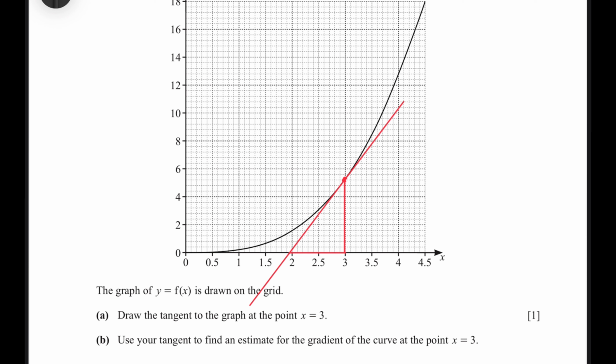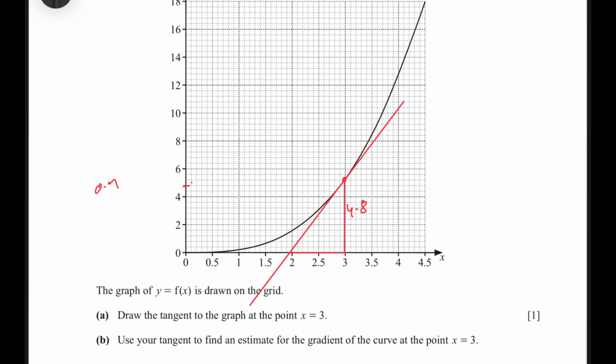We know the gradient is rise by run. So what's the y change? 1, 2, 3, 4, 5, so basically this is 5 squares. 1 point represents 0.4, so this is 2.8, and over here this is 4.8.